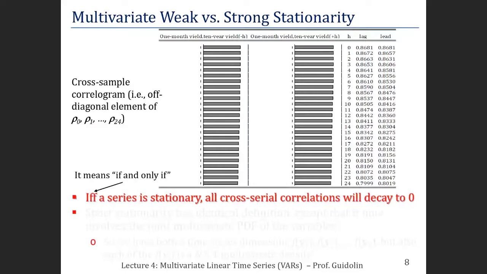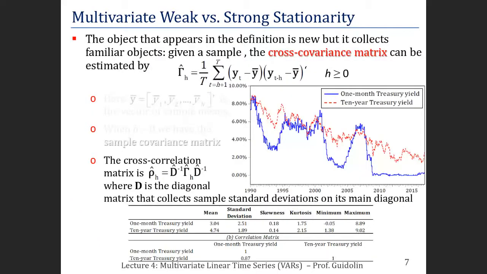At the bottom of this slide, you have the classical summary statistics: mean, standard deviation, skewness, kurtosis, min, and max. And you also have the correlation matrix. So if you put together the information which is inside the standard deviations, this column that you see here, 2.51 and 1.89, together with the correlation, 0.87 that you see at the bottom, you have a way to define either the correlation matrix, rho h hat, that you have in the slide, or to define the covariance matrix, which is gamma 0 hat that you saw in the previous definition.